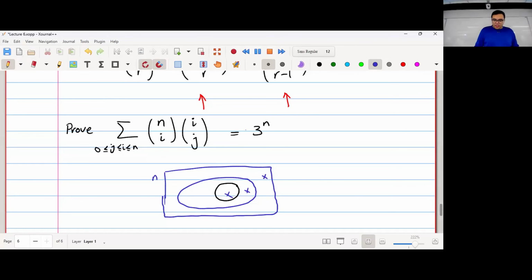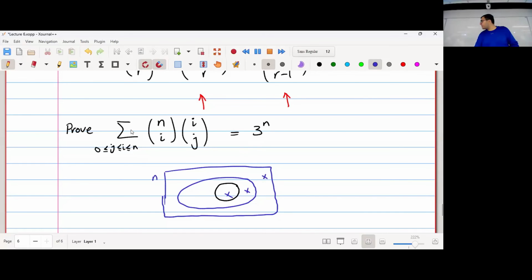So for each one of my n people, I have 3 different choices, and these choices are all independent of each other. So I have 3 to the power of n different ways of dividing people like this.